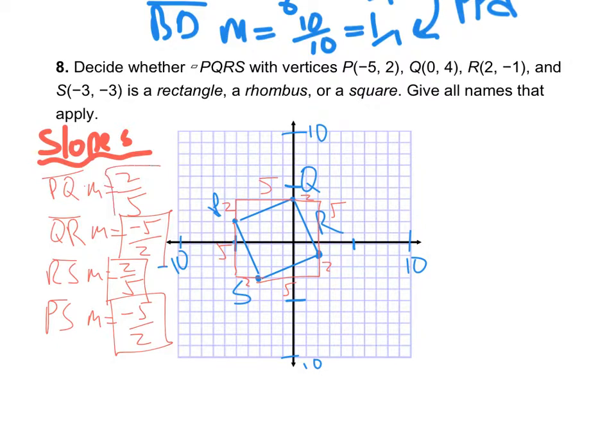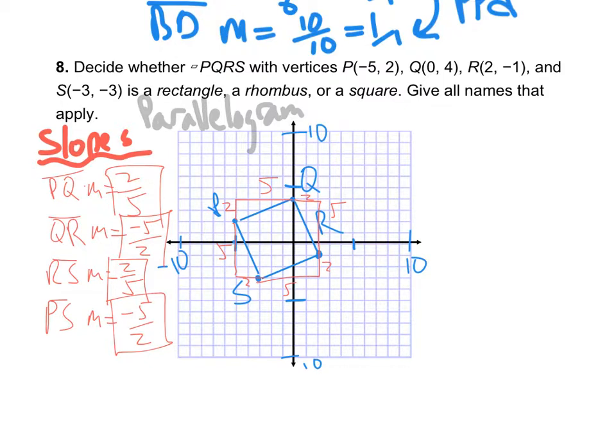Okay, so there's our slopes there. A lot going on here. If we look carefully, we see that opposite ones are congruent. That means it's a parallelogram.